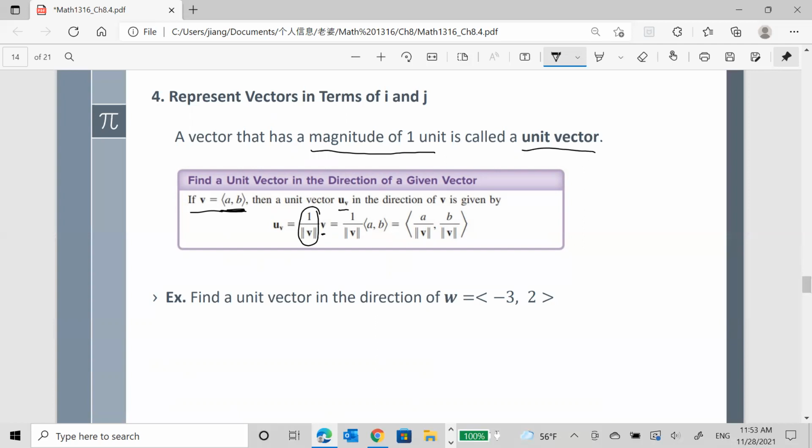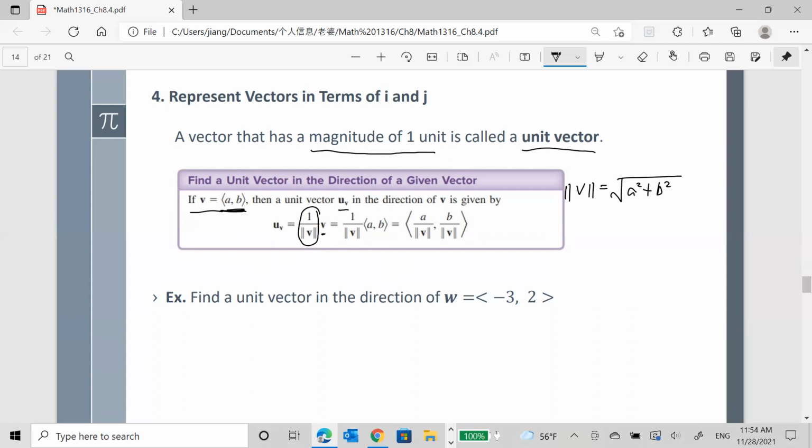the V. So when we do this step, we get the solution equals a over magnitude of V, b over magnitude of V. And then the magnitude of this is 1. You can check why the magnitude of the unit vector is 1. We have learned the magnitude of V equals square root of a squared plus b squared.